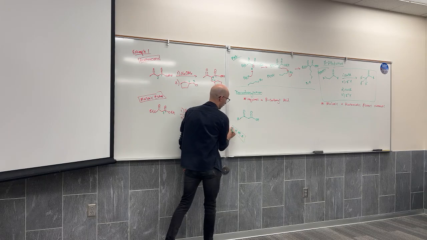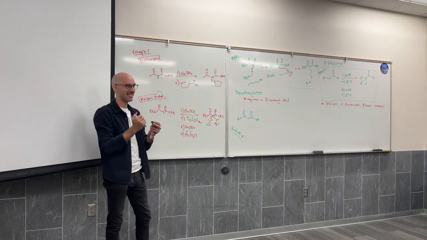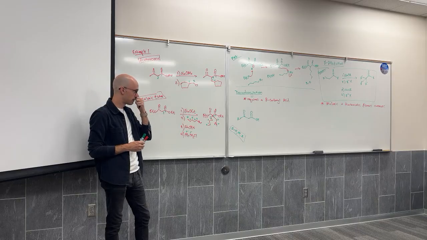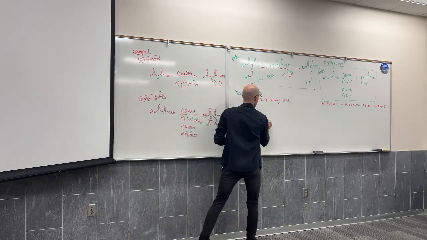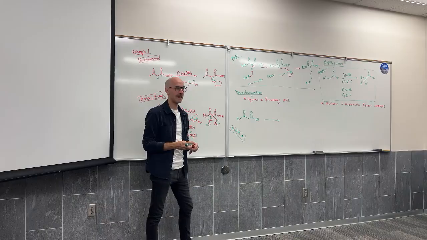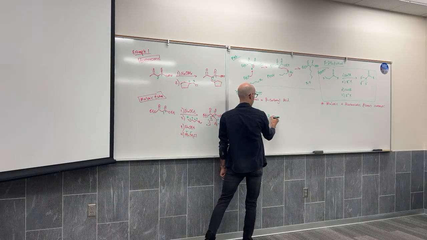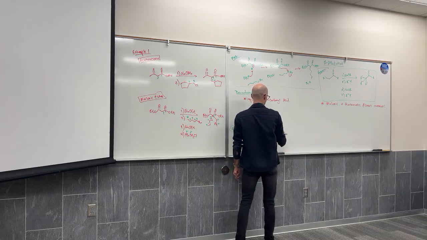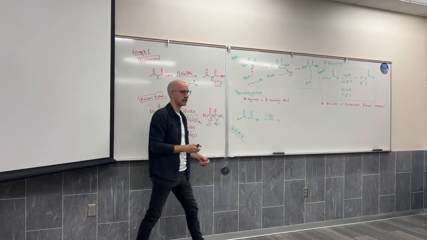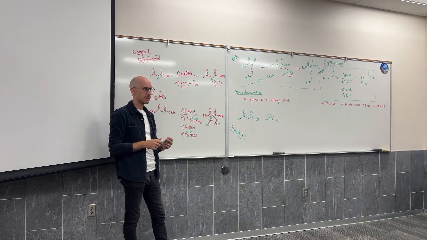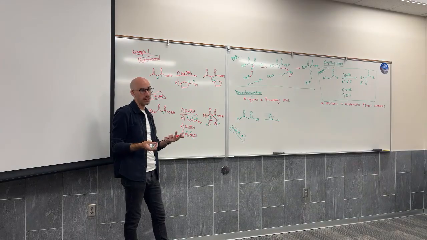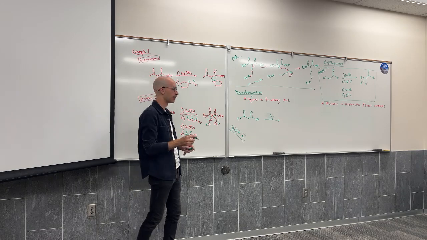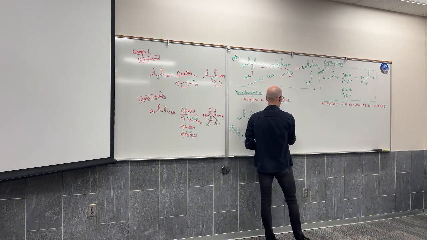Or it could be a carbon chain, so it could be R. You know, sometimes R is R. The conditions that we provide here is just heat. So we write that as delta. Stick it in the oven or reflux it. And you're going to decarboxylate. And here's the product that we get.